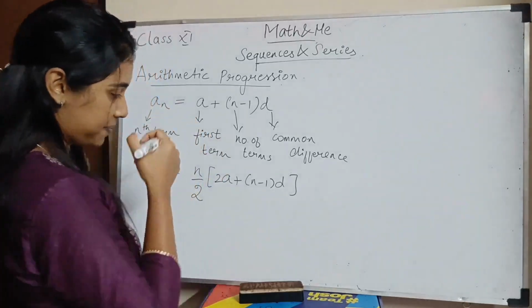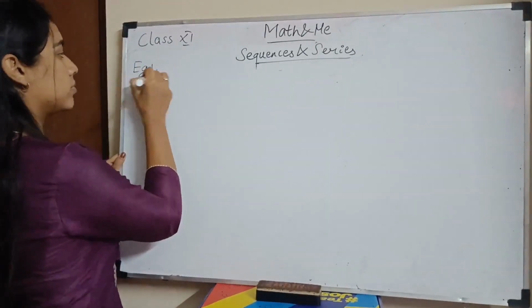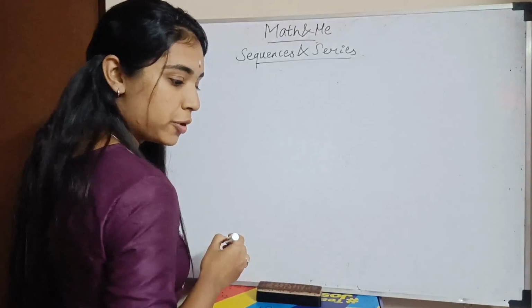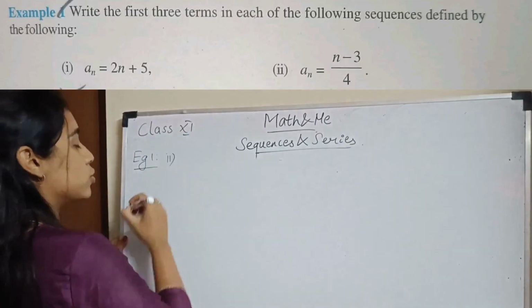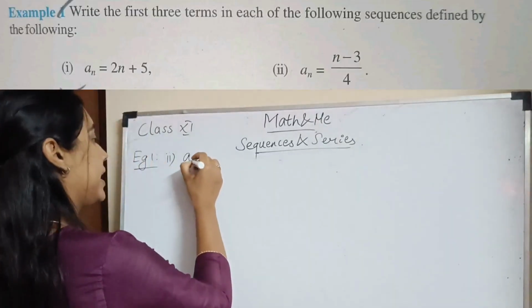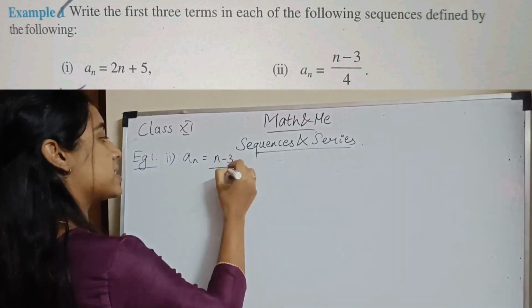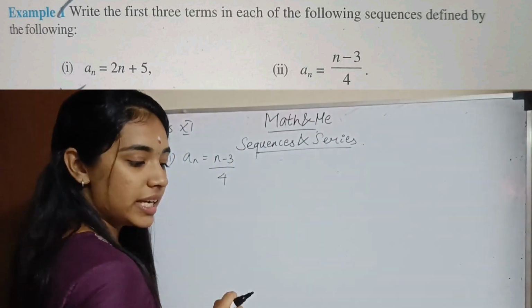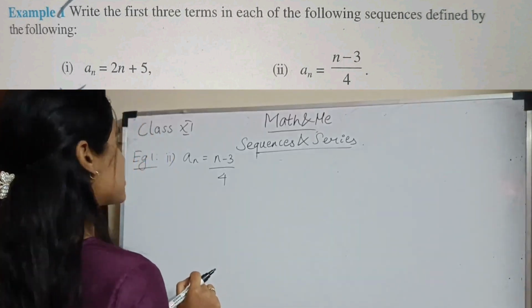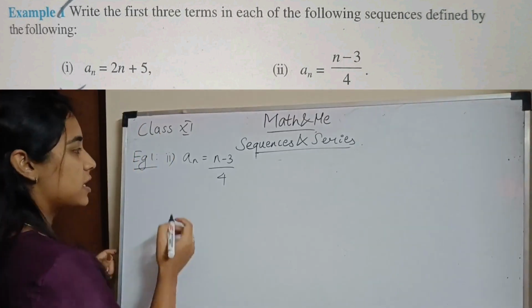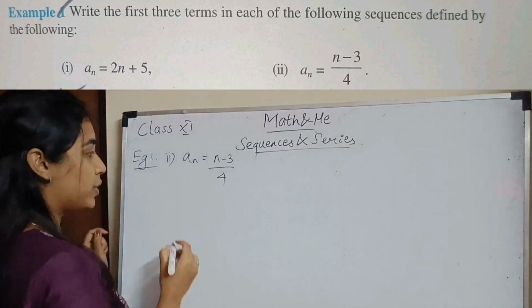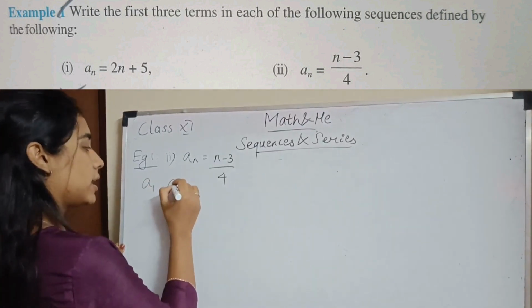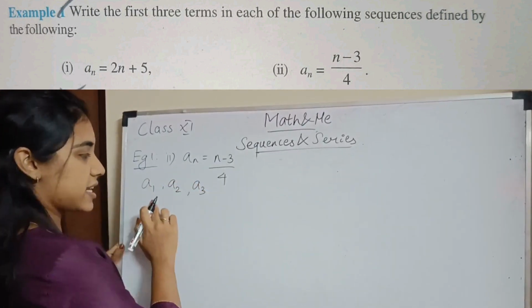Okay? Example 1. Let me do question number 2, subsection 2. An equals n minus 3 divided by 4. What are they asking? Write the first 3 terms in each of the following sequences. So how do you write the first 3 terms? An is given. You need A1, A2 and A3. These are the first 3 terms.